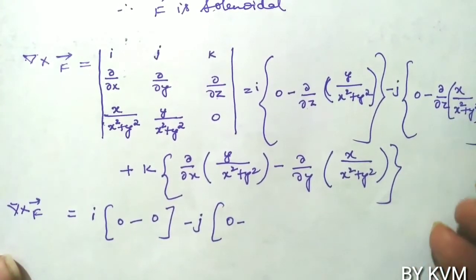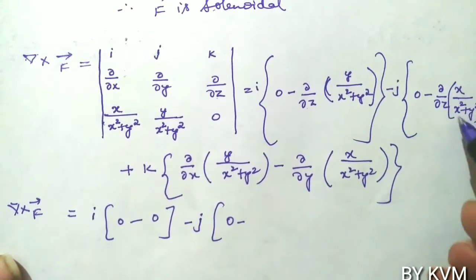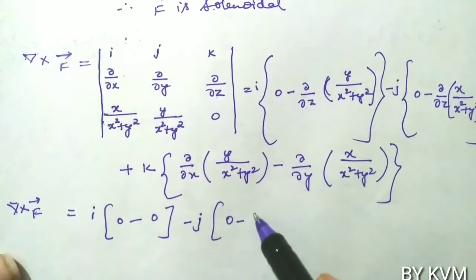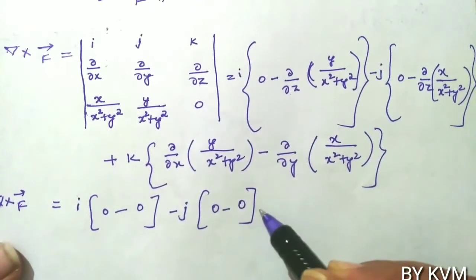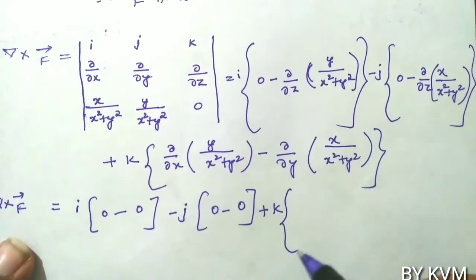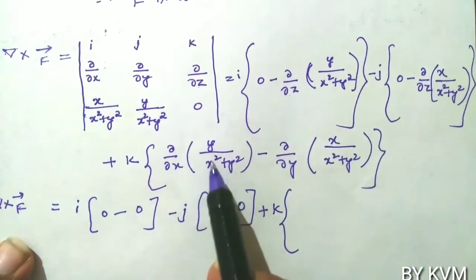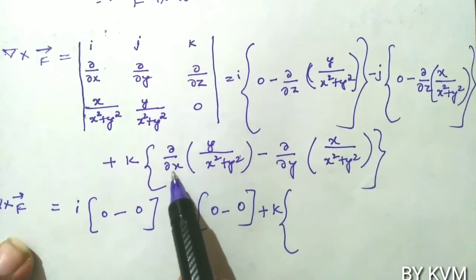Here also the same thing. We have to differentiate partially with respect to z. x and y are constants. So the whole term is constant. So the derivative of a constant is 0, plus k into ∂/∂x of y by x² + y². We have to apply the quotient rule. ∂/∂x means we have to differentiate partially with respect to x.